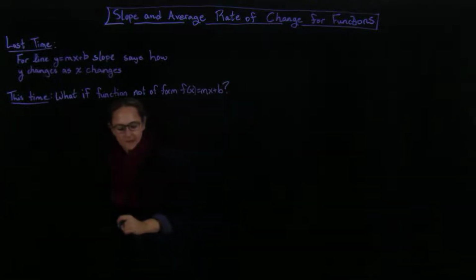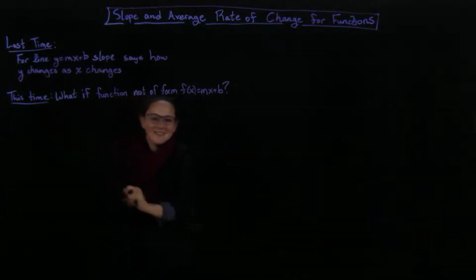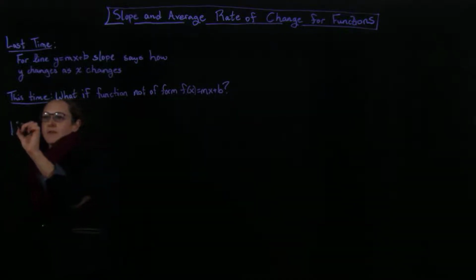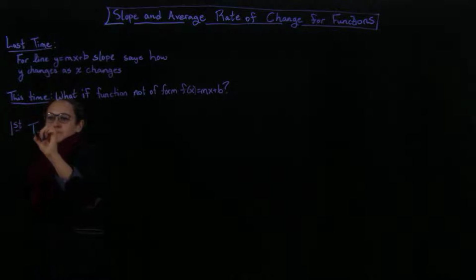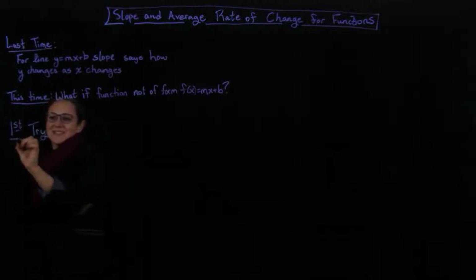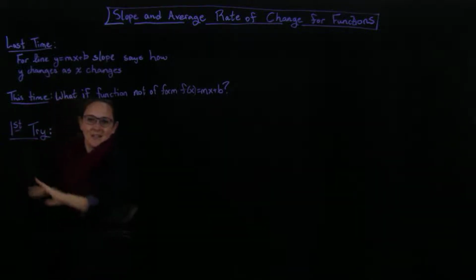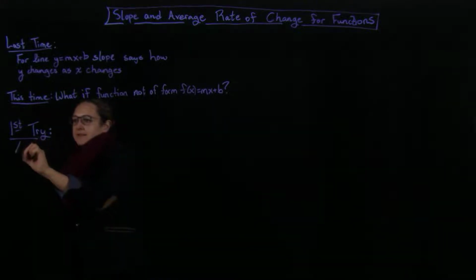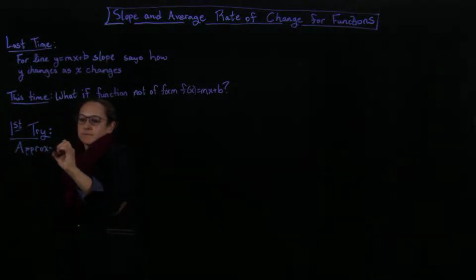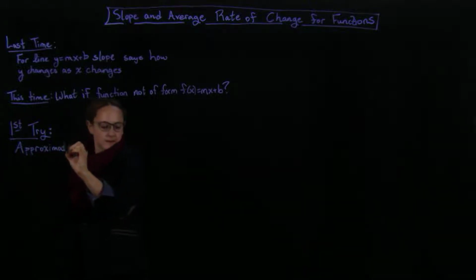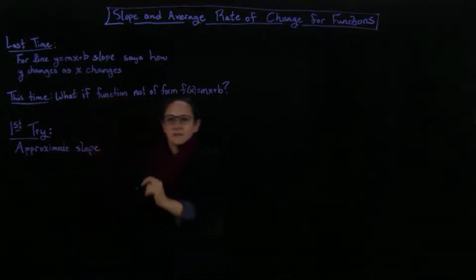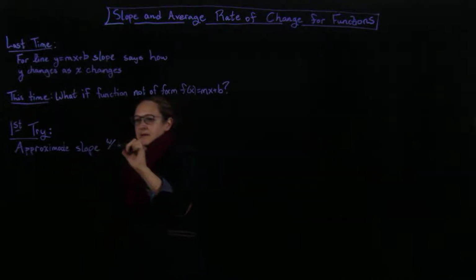In this lecture, we're going to look at a first try for what we're going to do. We're going to look at something called secant lines, which are just the lines that connect 2 points on the curve for the function. We're going to approximate the slope using secant lines.